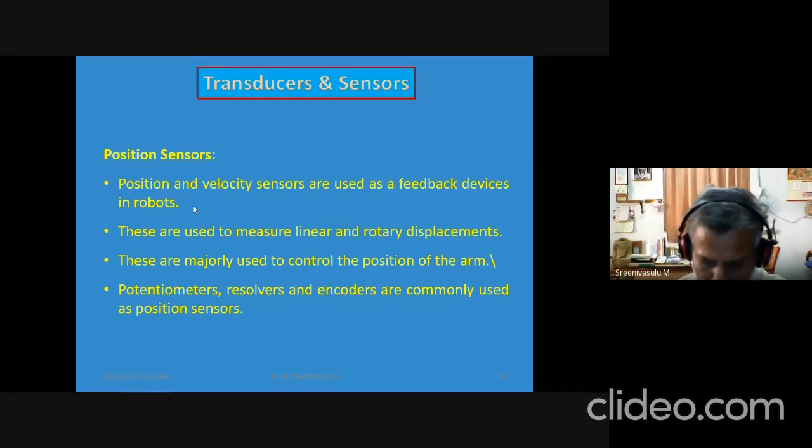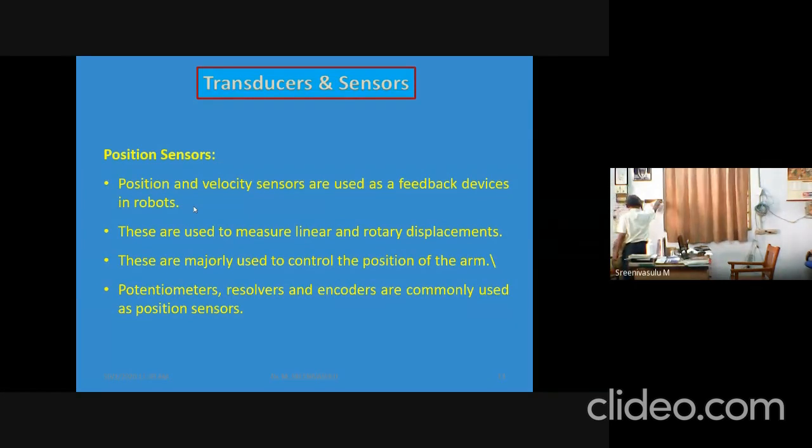Suppose you have given an instruction to move the robot. That instruction will go to all joints. I'll be talking about this particular slide; I'll move a bit and come. When you have given an instruction to move your robot, that movement is going to take place at all joints associated with that particular robot.